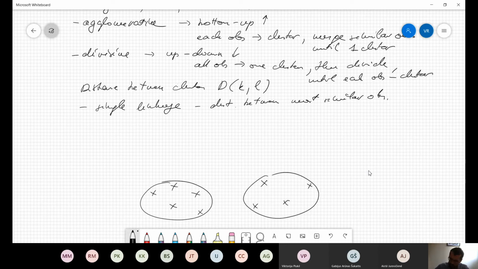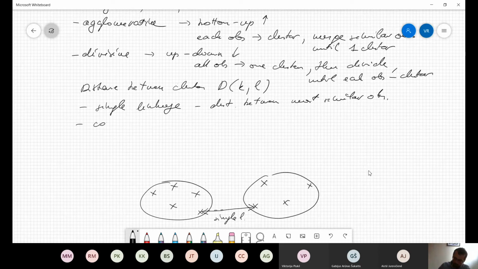Single linkage is basically the closest two points. So that point and that point are the closest ones in this drawing, so this would be the distance between the two clusters. This is the single linkage, how we calculate the distance between the two clusters.